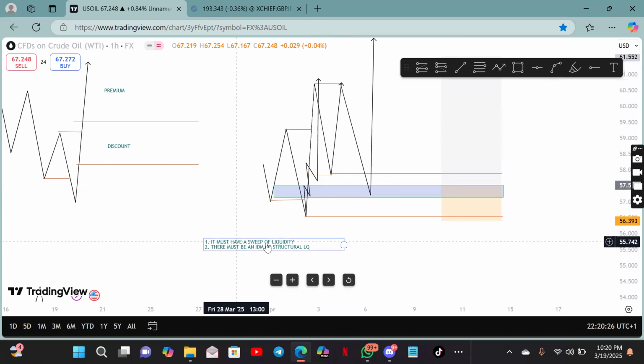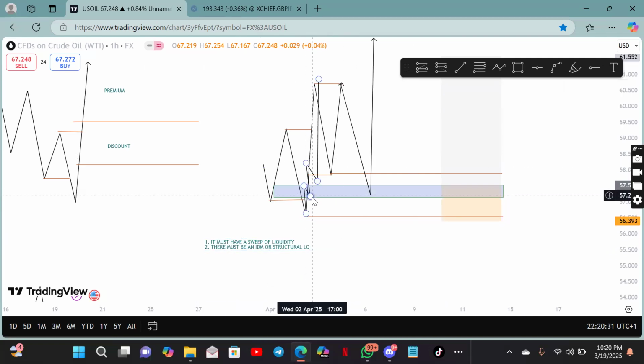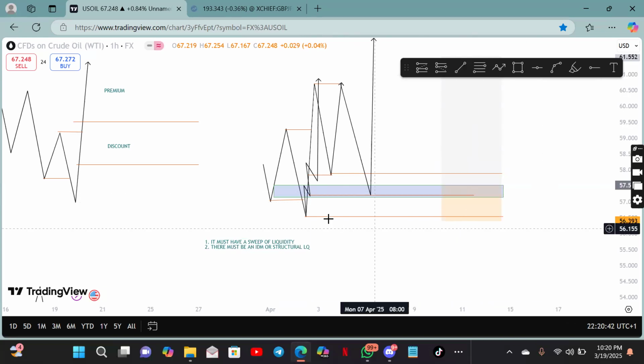What rule number 2 is saying is that the first pullback that you are seeing here is your structural liquidity. The first pullback the market makes, the first one, after the protected low. Yes, after the protected low, the first pullback the market makes is your structural liquidity. That's what it means.